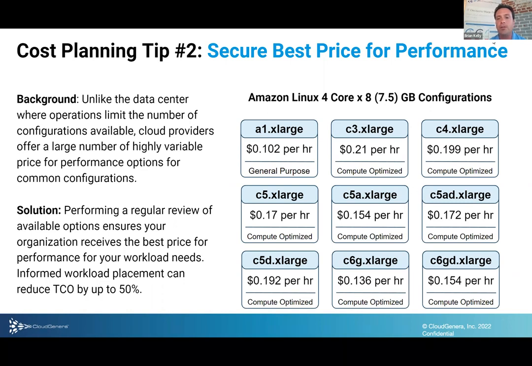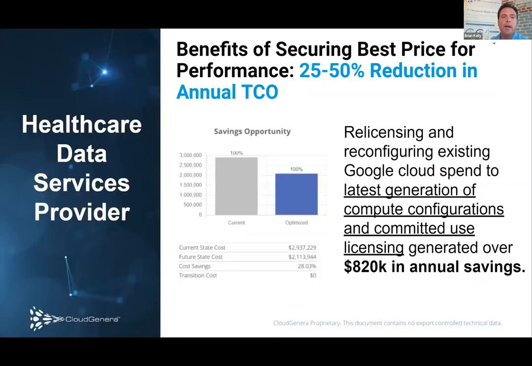But as we like to say at CloudGenera, the juice is definitely worth the squeeze because 50% total cost of ownership scaled across a large portfolio of technology spend will translate to real savings. Here's an example of another client of CloudGenera's that leveraged the CloudGenera platform to assess if they were getting the best price for performance for their workloads.